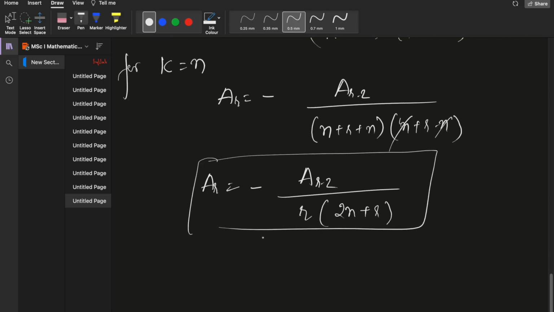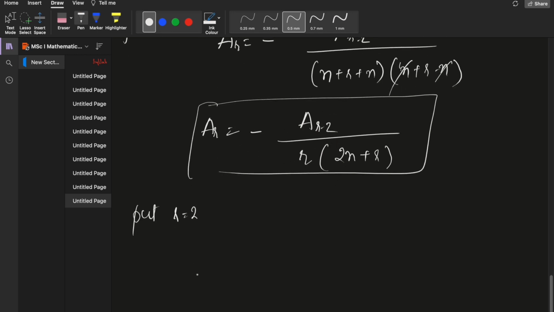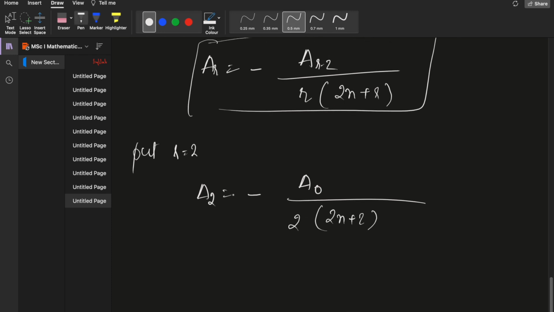Good. Now we need to calculate for r equals 2, because a0 and a1 we have already calculated. Put r equals 2: a2 is minus a0 whole upon 2 times 2n plus 2. Good, this is the value of a2.